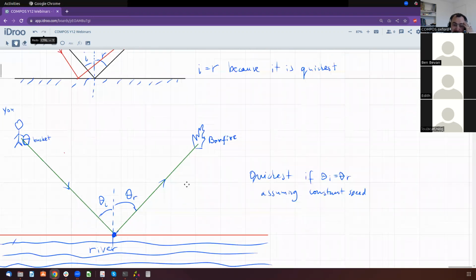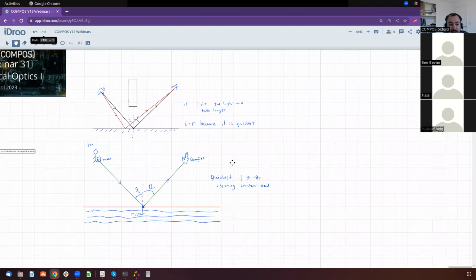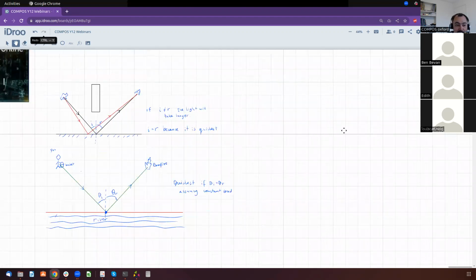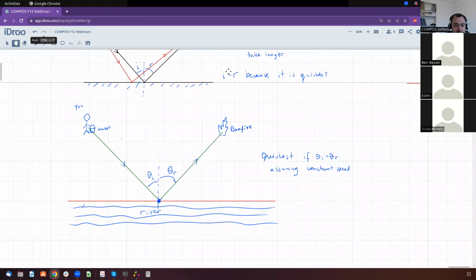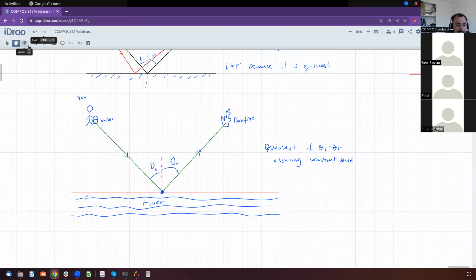Okay, perfect. And then let's look at refraction of light, which is a very similar story. If you take a boundary between air and, let's say, water, so this is the view from the top, the bird's eye view.